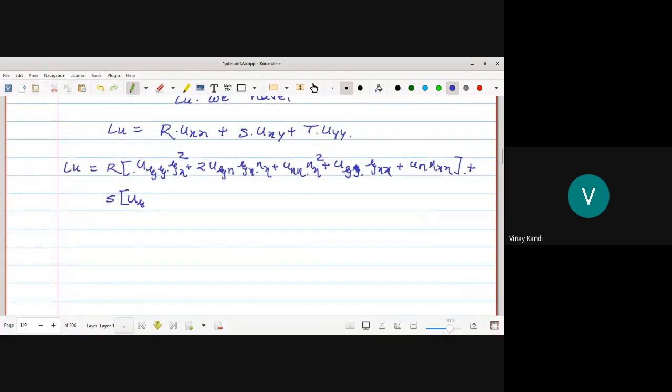So this is u psi psi into psi x psi y plus u psi eta into (psi x eta y plus eta x psi y), plus u eta eta into eta x into eta y, plus u psi into psi xy, plus u eta into eta xy.